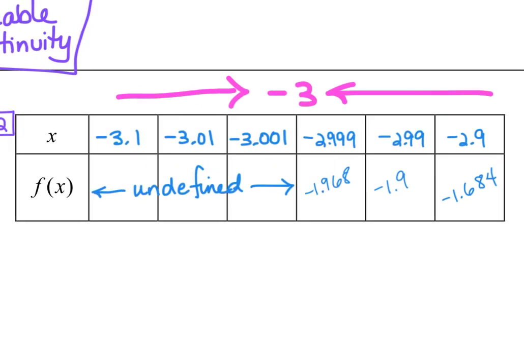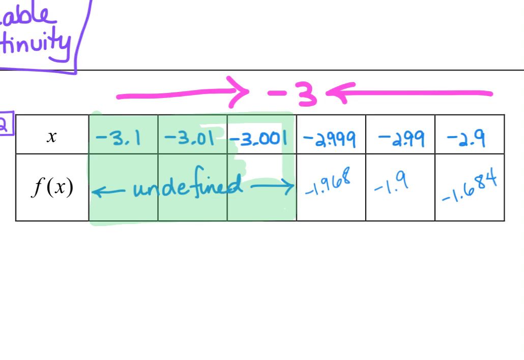Now, any number that's less than or to the left of -3, all of these x values are undefined. The function is undefined because that would be taking the square root of a negative, which we know that we can't do.